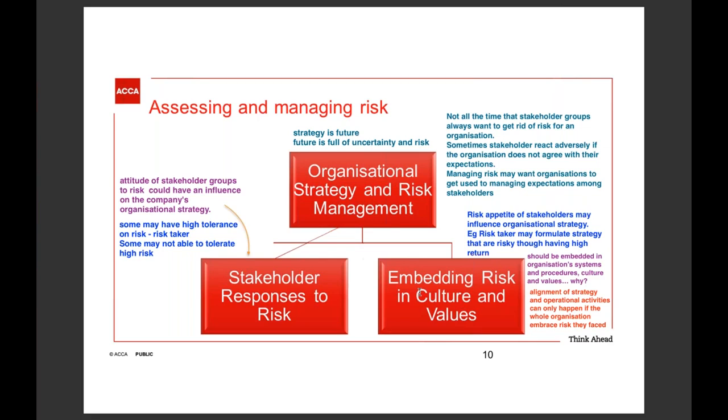In order to execute that strategy, you need to identify the kinds of risks that you may face in pursuing it. If you are able to align your strategy with your operational activities, you will be able to achieve your objective.